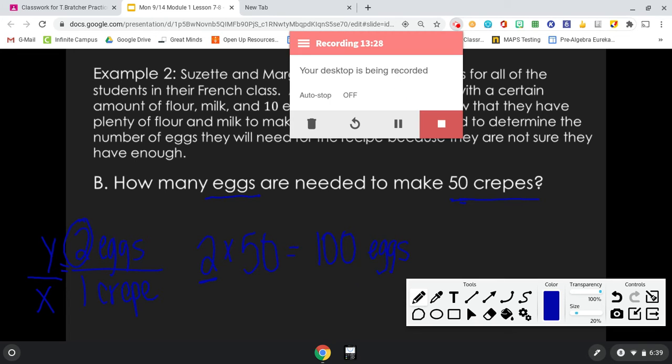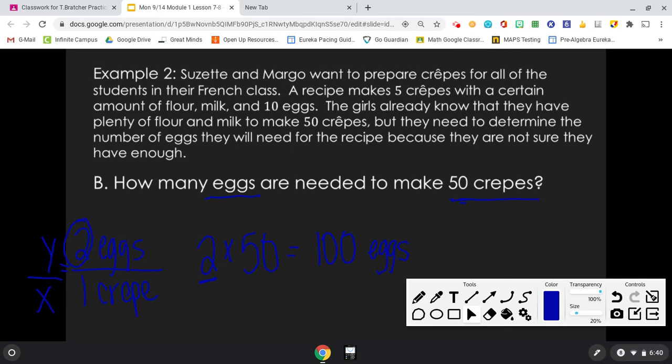100 eggs. Now, a minute ago, I told you that I would give you a hint, okay? That I would give you a hint if you were trying to figure out what to do, whether multiply or divide by that constant number. So I have a really good saying for you, and you can write this down if you want to somewhere, okay?